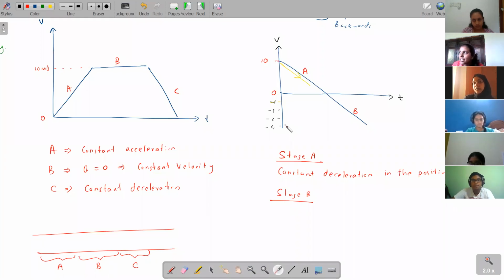But velocity-wise, what is happening to the speed of the object? Section B starts with 0, but then you have -1, -2, -3.